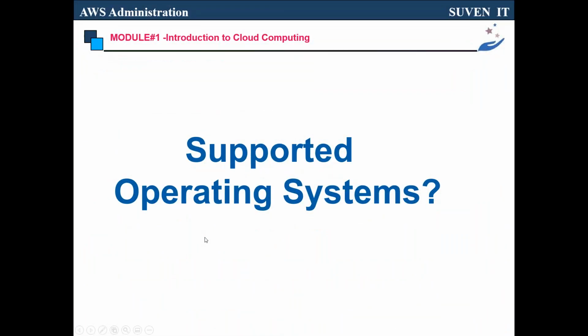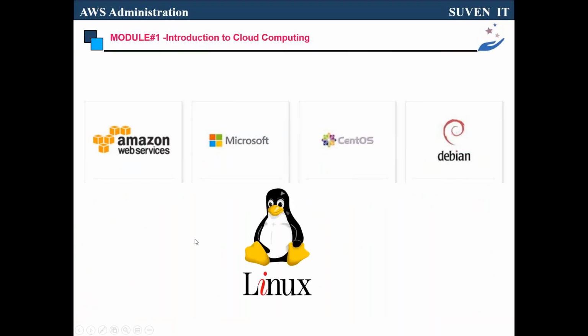So now coming to what operating systems are supported by AWS. Here we have operating systems like Amazon Linux, CentOS, Debian and Red Hat Linux. So we have various operating systems supported by AWS, and you can create any of those servers. We also have some third-party tools, and I'll explain about those third-party tools.